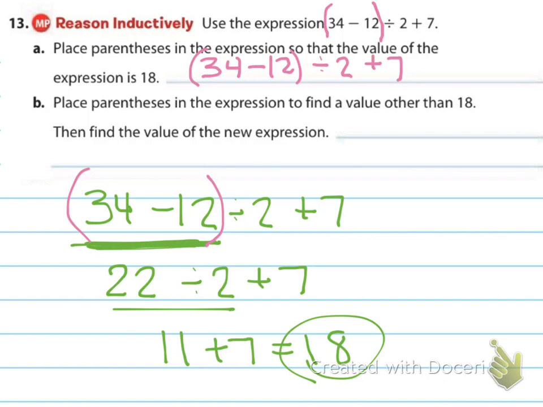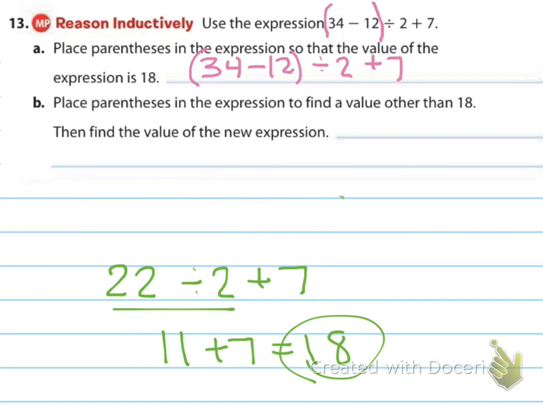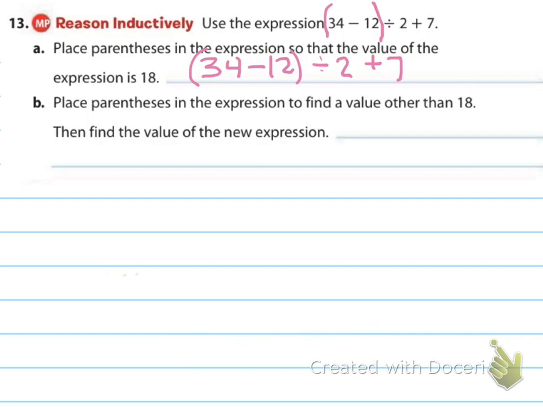Now it's asking us where we could put the parentheses to come up with a different answer and figure out what that new value is. So I'm going to go ahead and start over here. I've got 34 minus 12 divided by 2 plus 7.